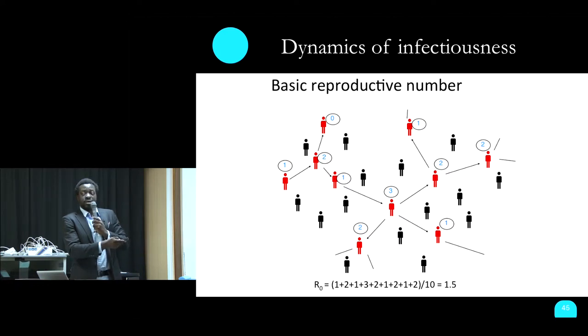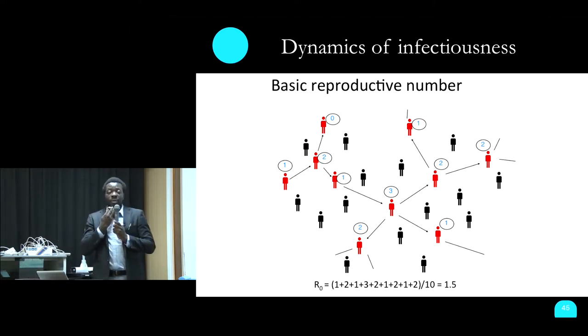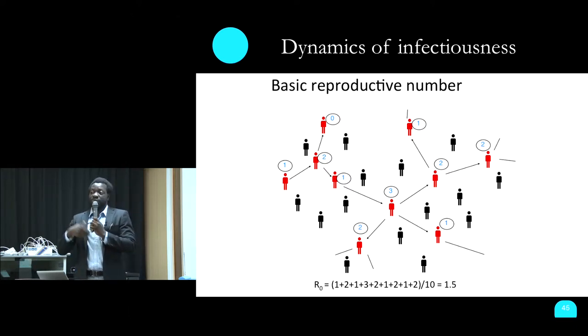This one here could not transmit to anyone, so 0. This one transmitted to 1, and so on. When we take the average of that, we get the basic reproduction number. For example, here it's 1.5. 1.5 tells you that the infection will continue on and on, because it's more than 1 in this scenario.